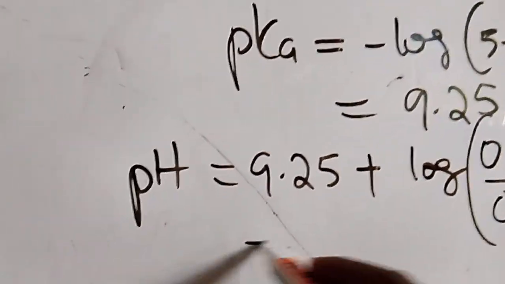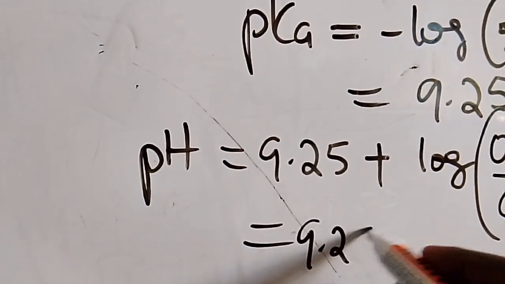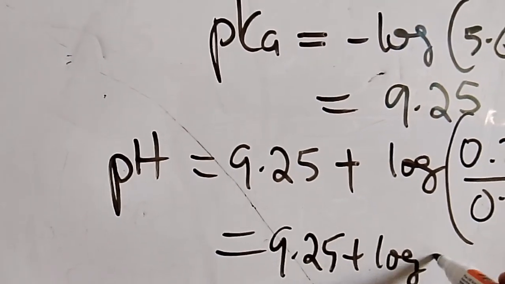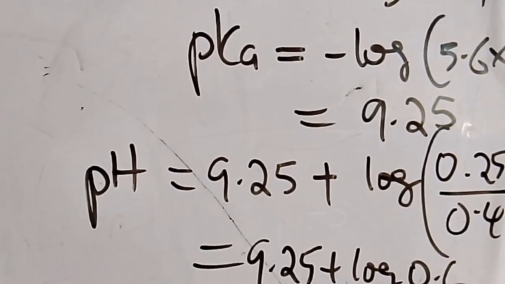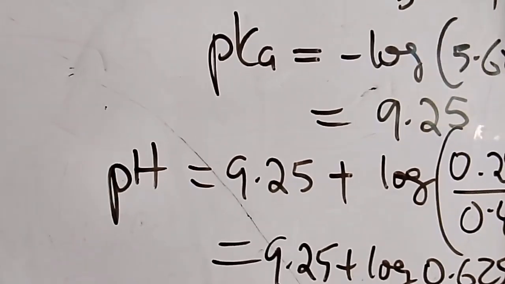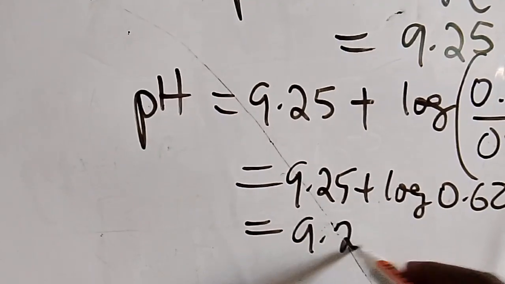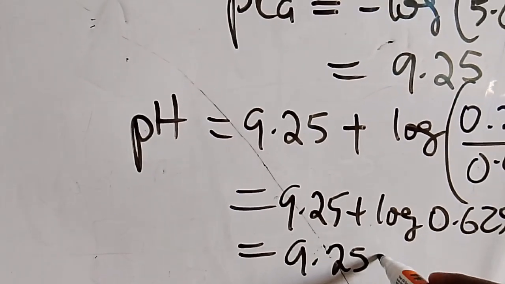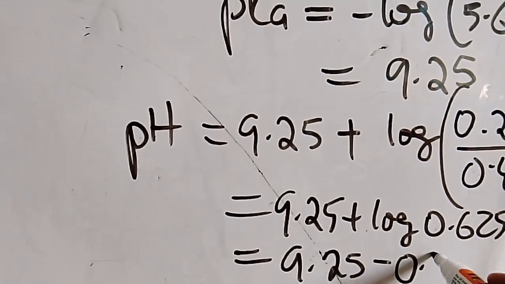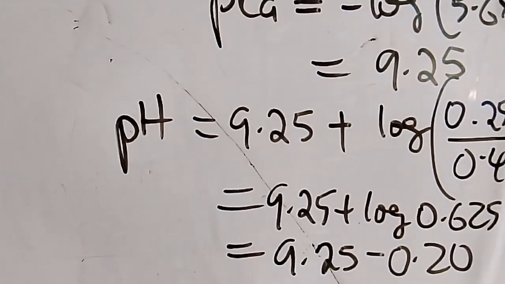So when you divide, we are going to have 9.25 plus log 0.625, which is equal to 9.25 minus 0.20.